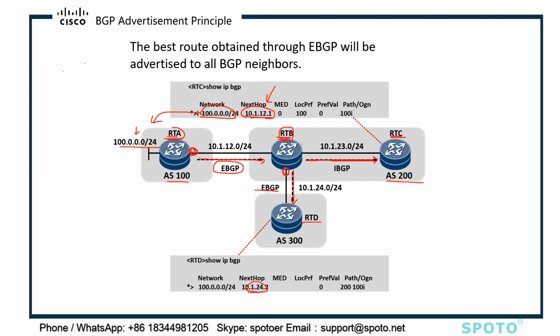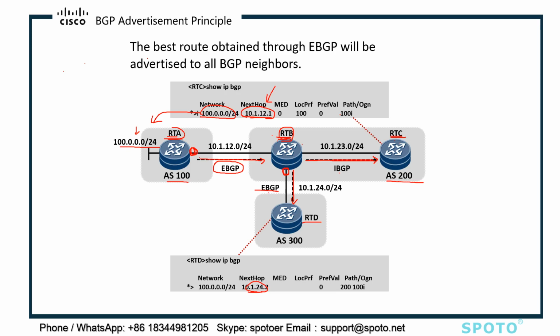Also, this point we need to remember: if we advertise the route to our IBGP neighbor, we won't change the next hop. But if we advertise the route to our EBGP neighbor, we will change the next hop to ourselves. So the next hop is RTB here. Okay, so we also need to remember this, the second advertisement principle.